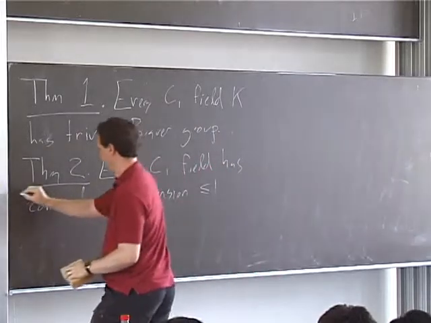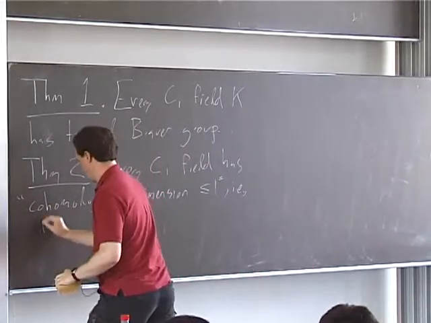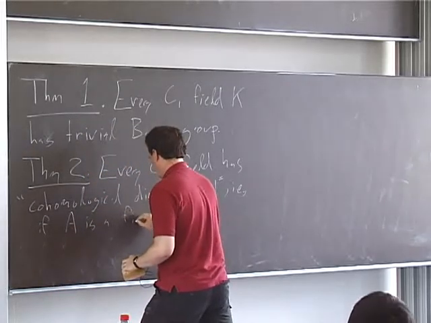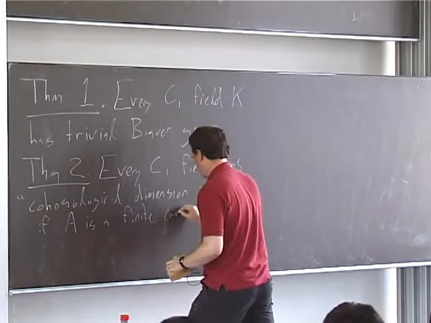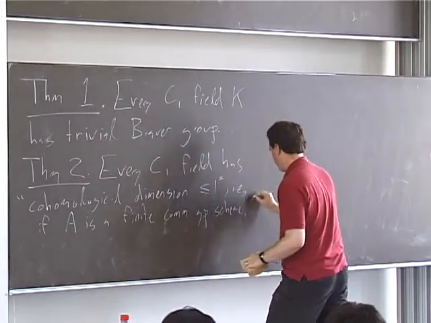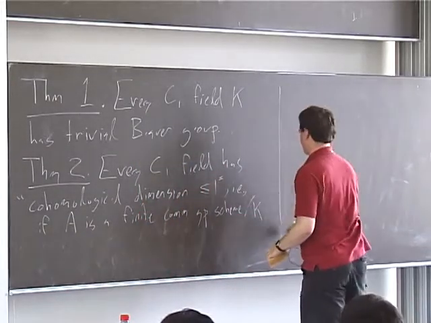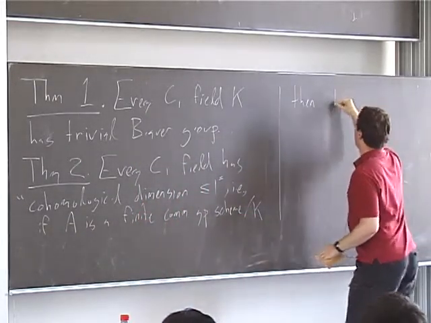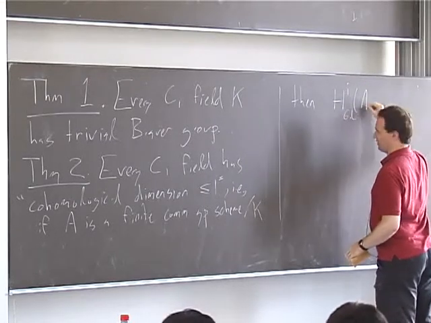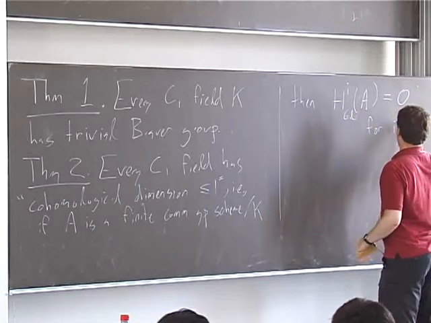What does this mean? If A is a finite commutative group scheme over K with Galois action, then the higher Galois cohomologies of A are 0, for i bigger than 1.